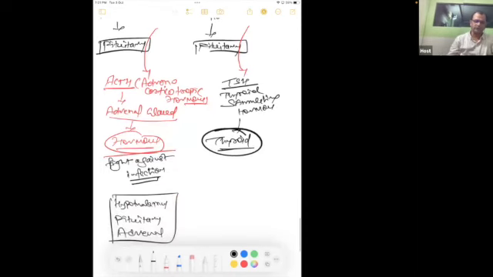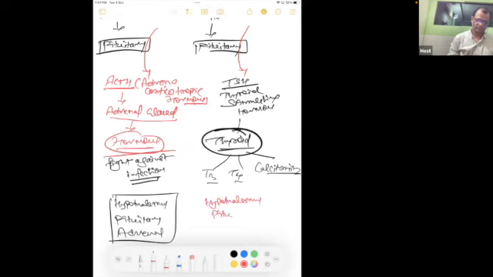Then the thyroid will secrete other hormones, and we know the thyroid plays a very important role. The thyroid will secrete T3, T4, calcitonin. So this is another chain: hypothalamus, pituitary gland, then the thyroid gland. Clear?